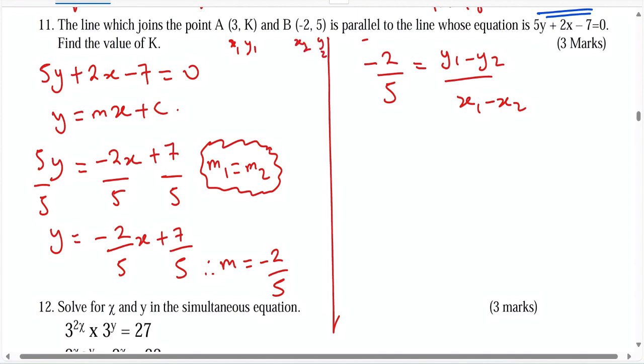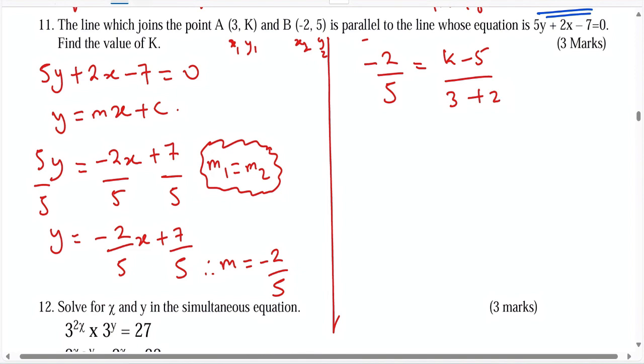So y1 should basically be k minus y2, which is 5. So k minus 5 and 3 minus minus 2, which at the end of the day negative becomes positive. So basically this one becomes positive 2.